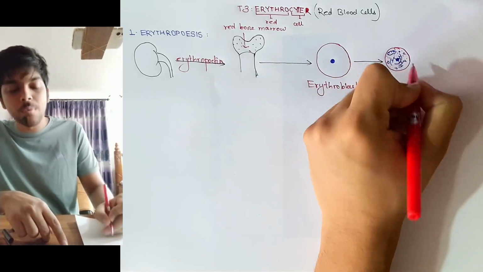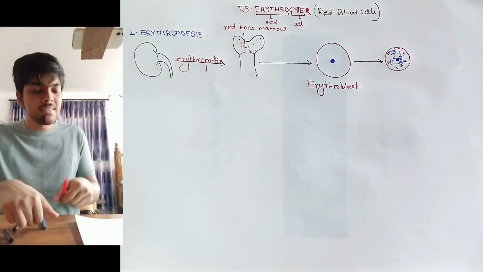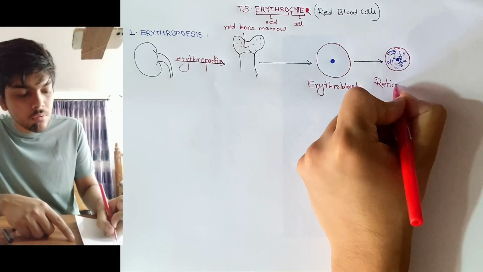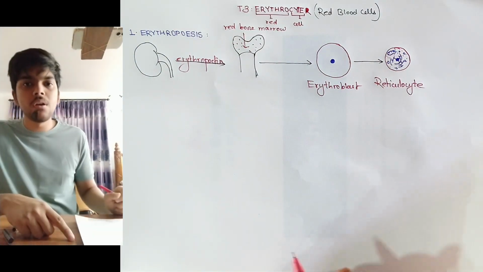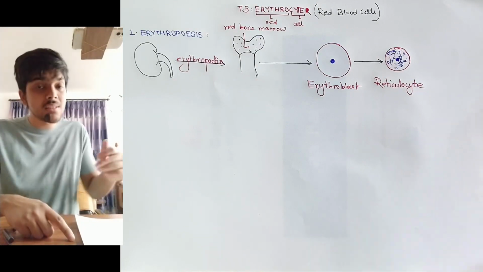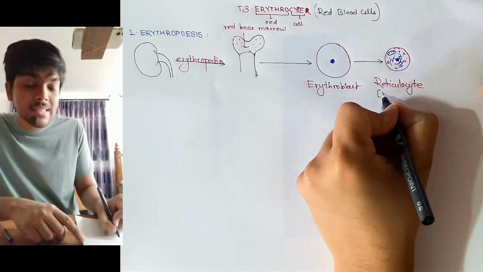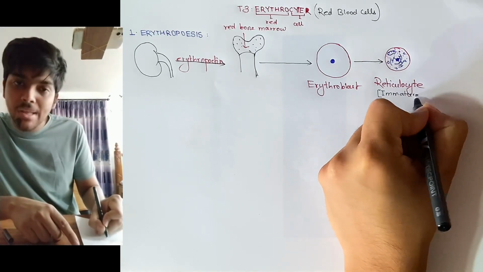Small trace of hemoglobin. Hemoglobin has just started to form. This particular structure is known as reticulocyte. And since hemoglobin, which is the main component of a mature RBC, has just started to form, reticulocyte is also known as immature RBC, since it has not matured yet.